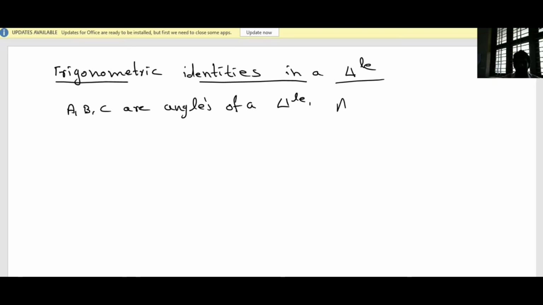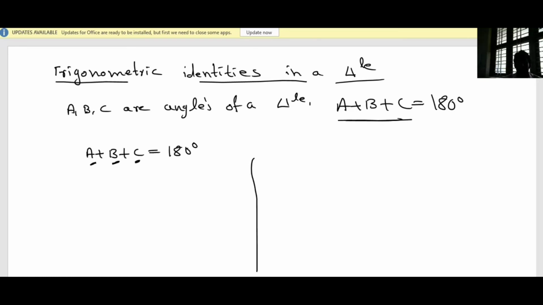Then A plus B plus C is equal to 180 degrees. The sum of the three angles of a triangle is always equal to 180 degrees. Now if A plus B plus C is equal to 180 degrees, then A plus B is equal to 180 degrees minus C.